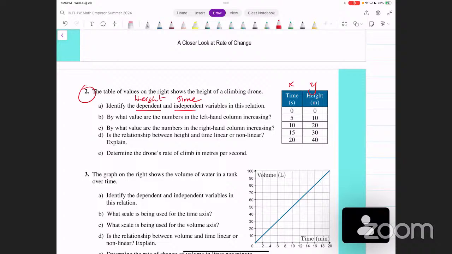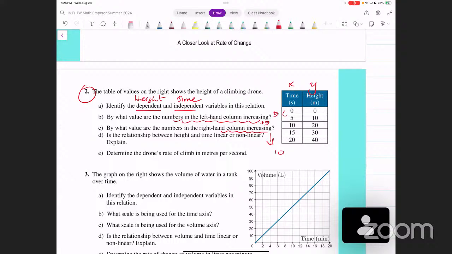By what values are the numbers in the left column increasing? By 5 seconds. That's right. And what y values in the right-hand column are increasing? 10.